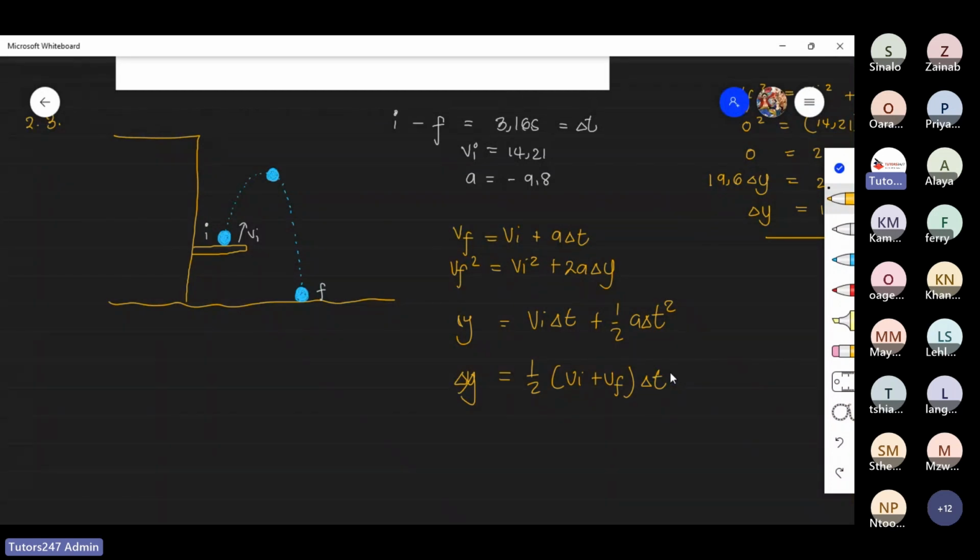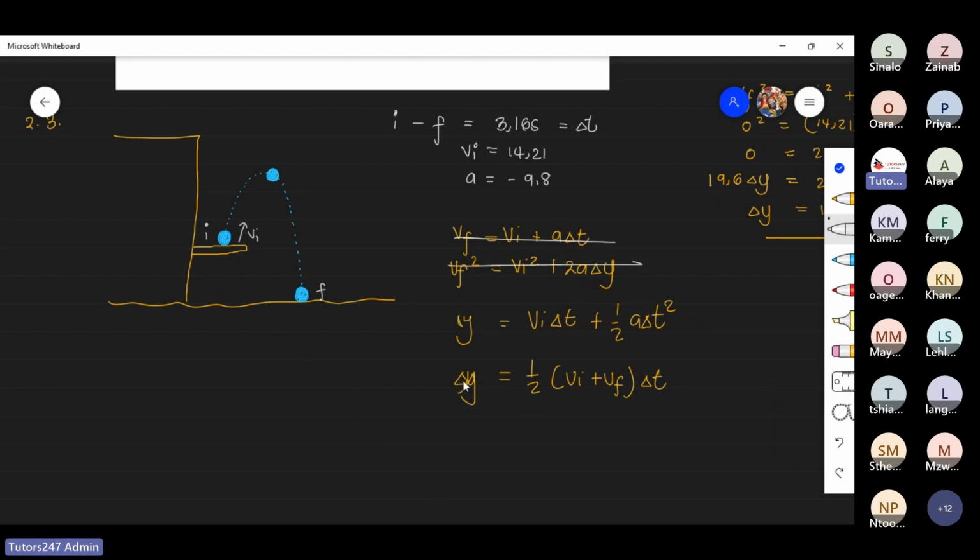So step number one, just as we did in the very first question, 2.1, we're going to eliminate based on what value we do not have. So we do not have final velocity. So any equation that has final velocity in it, we're going to eliminate. So equation 1, there's final velocity, that's out. Equation 2, there's final velocity, that's out.